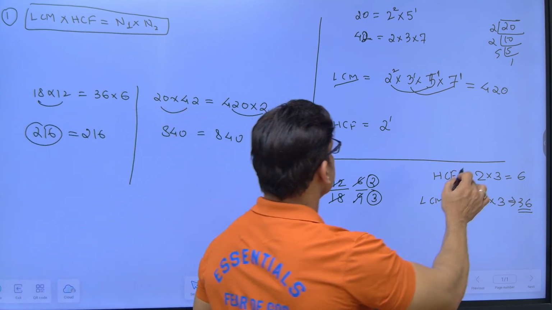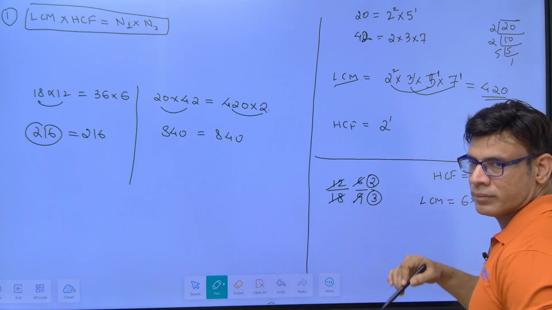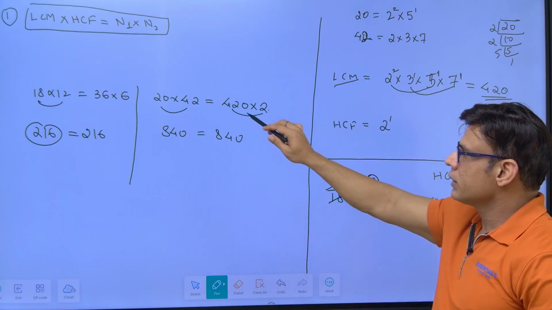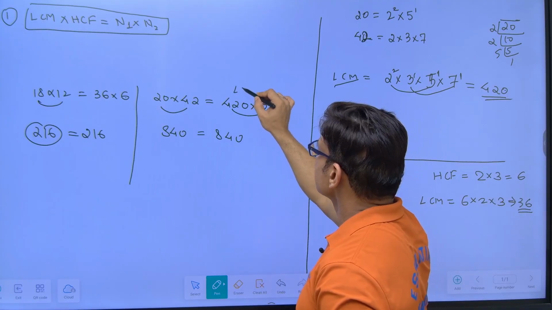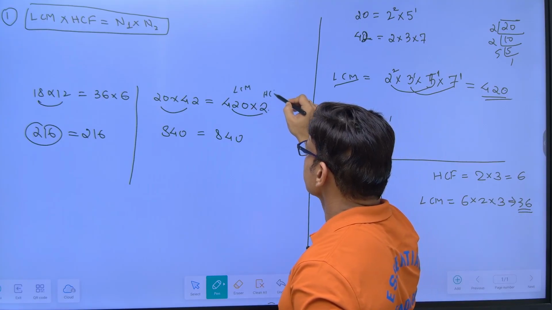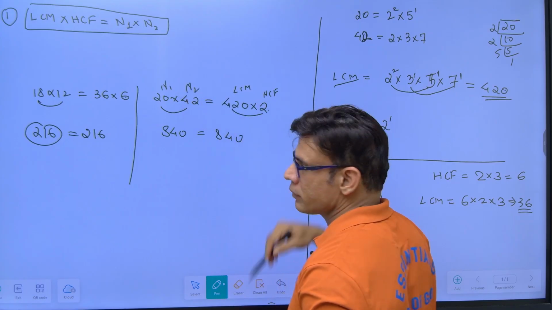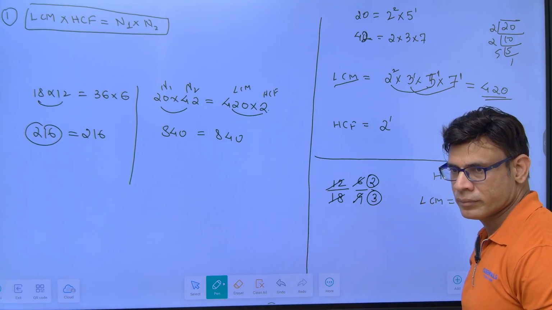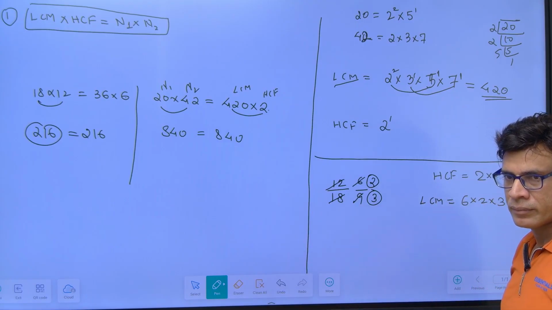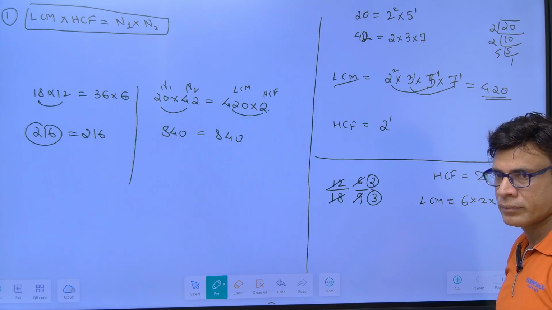This is the LCM, this is the HCF, and these are your two numbers N1 and N2. See? Understood?